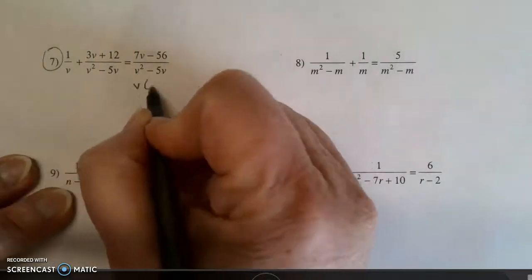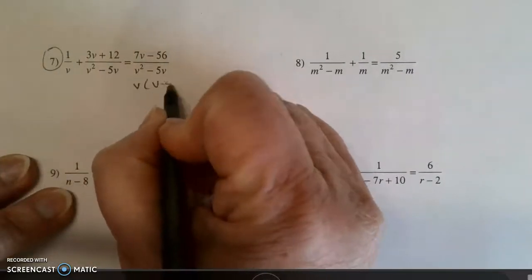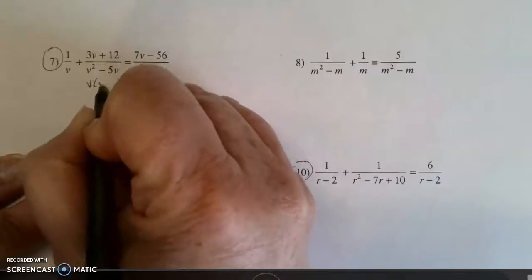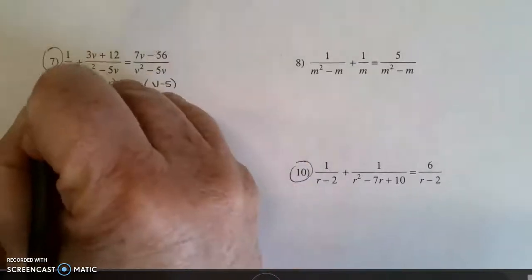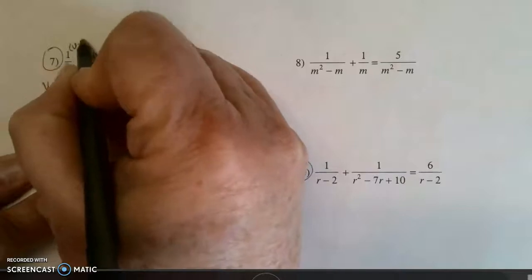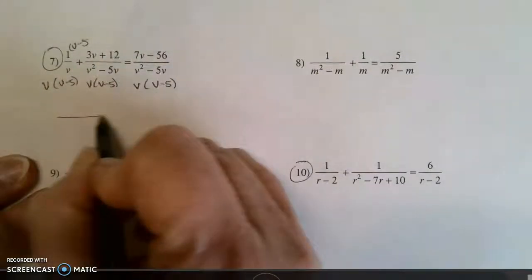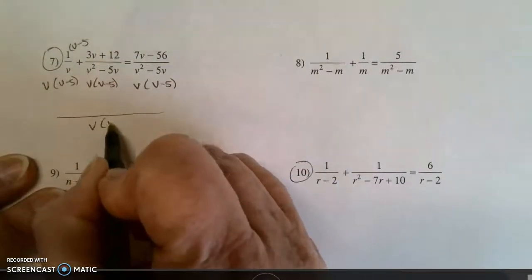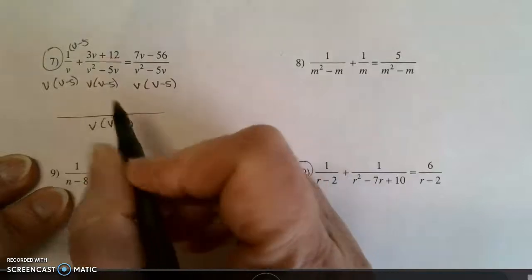So I've got v that I'm factoring out, v minus 5. So this one needs the v minus 5. So my common denominator is v minus 5.